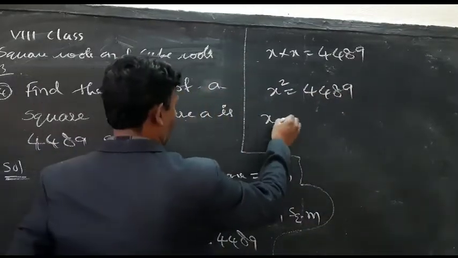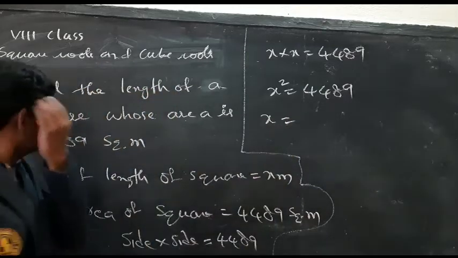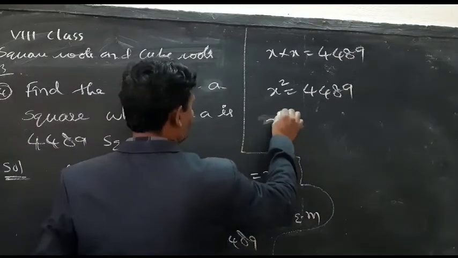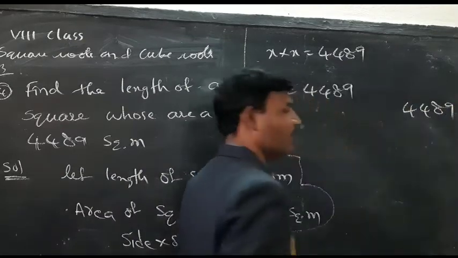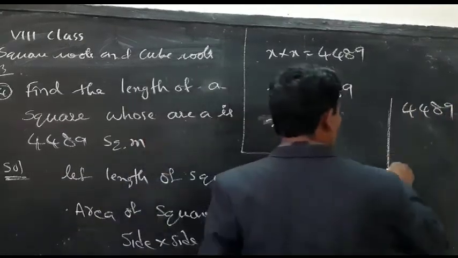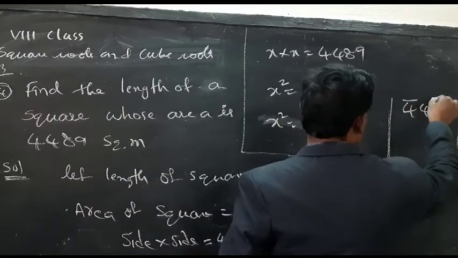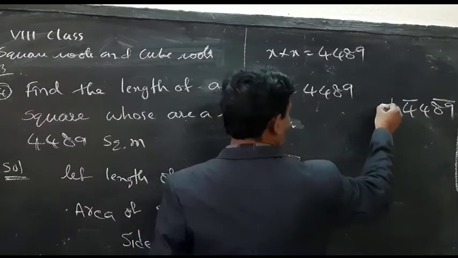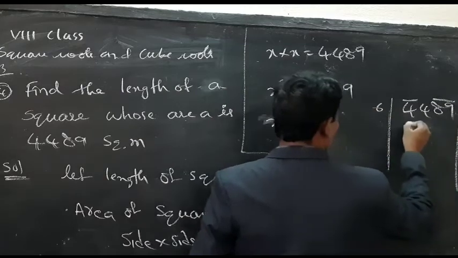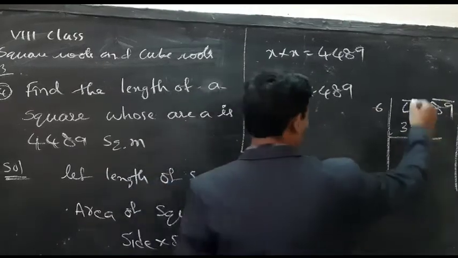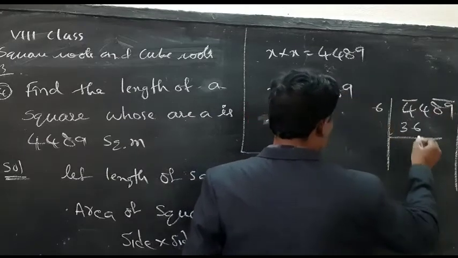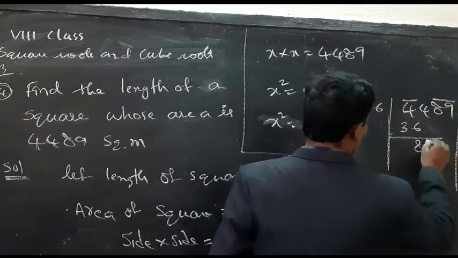Now x square is equal to 4489. Make it a pair first: 44 and 89. 6 6s are 36. After subtracting, we get 8. Then 89.